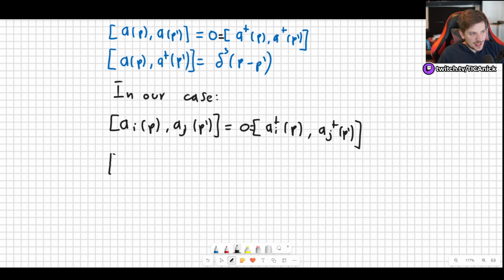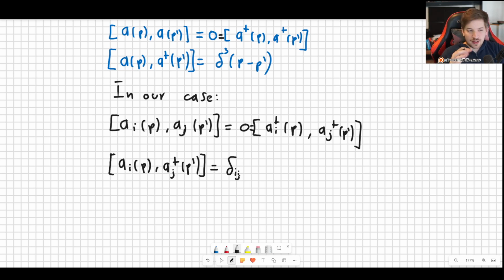And honestly, the other case is not going to be too different either. What we're going to have in the other case is that a_i of p and a_j dagger of p prime are not going to commute, and the relation is going to be the following. Only if i and j are equal, so if we're talking about the same field here, or the same particle within that field solution, then it's going to be non-zero.